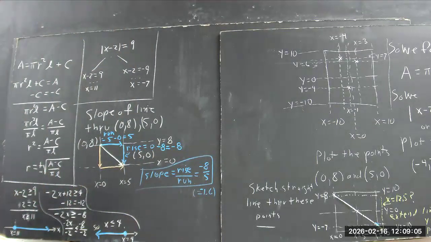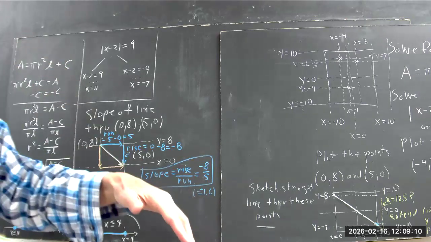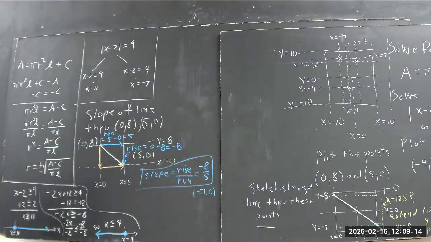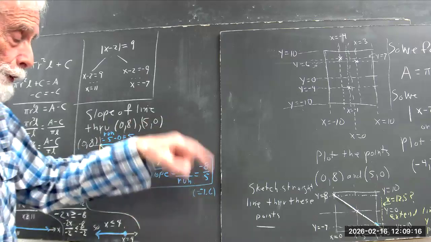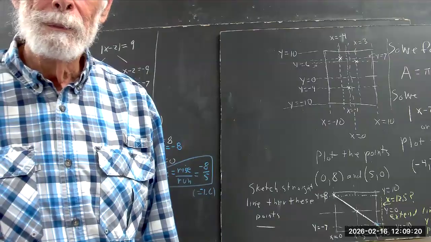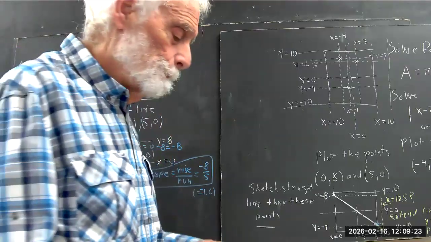There's your slope. Well, the slope is how steep the line is, and is it going up or is it going down? Slope is negative, so the line's going down, but you can see in your original graph, that's exactly what the line does. Okay?